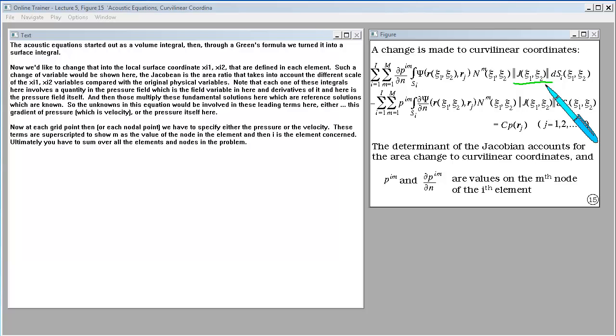Note that each one of these integrals involves a quantity in the pressure field, which is the field variable, and here are derivatives of it, and here's the pressure field itself. And then those multiply these fundamental solutions, which are our reference solutions, which are known. So the unknowns in this equation would be involved in these leading terms, either this gradient of pressure, which is velocity, or the pressure itself.